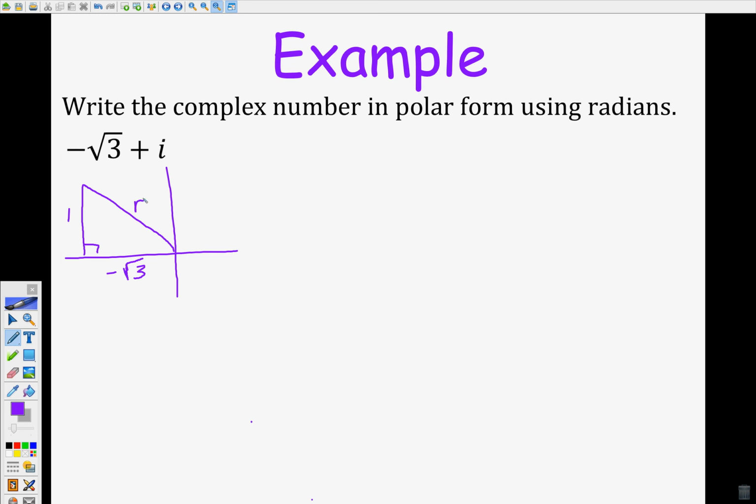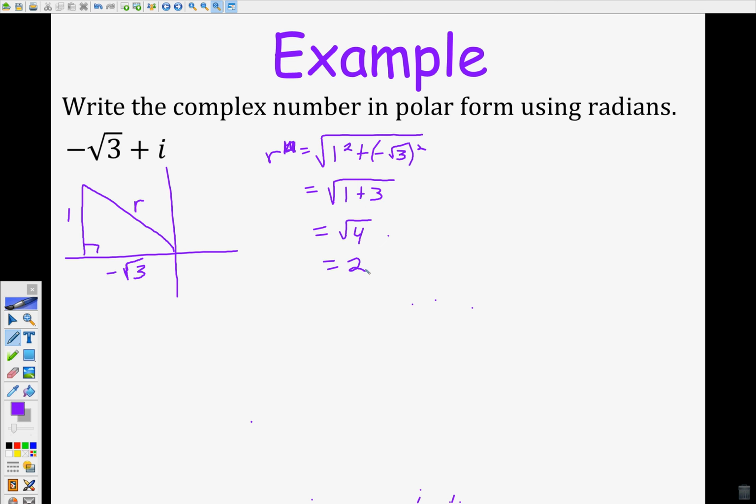So in order to find my radius, radius squared is equal to 1 squared plus negative square root 3 squared. Sorry, I put in my square root. If I already take my square root, I shouldn't be squaring it. So that would give me 1 plus 3, or in other words, the square root of 4, which is 2.